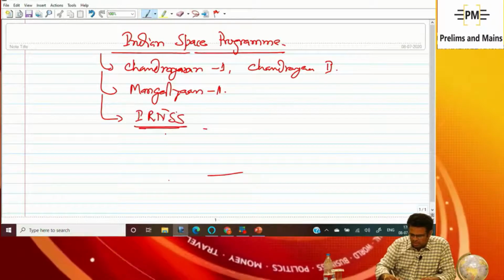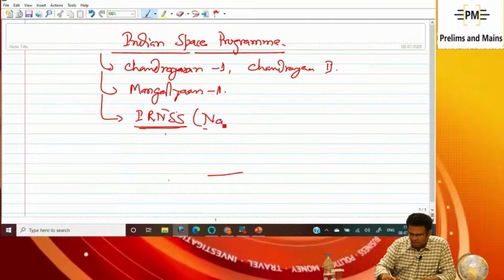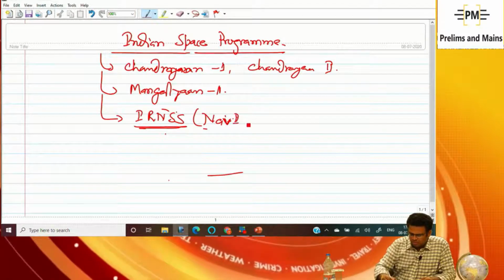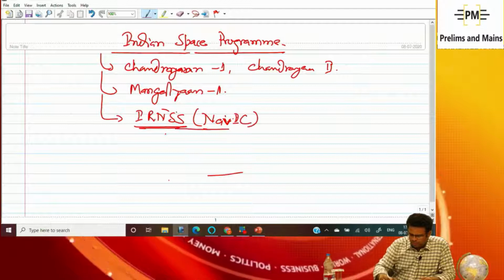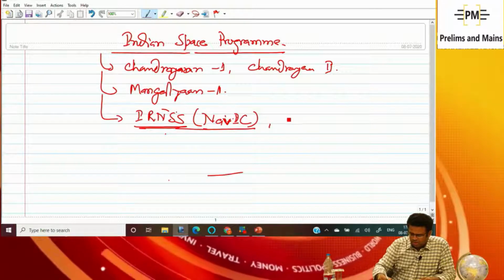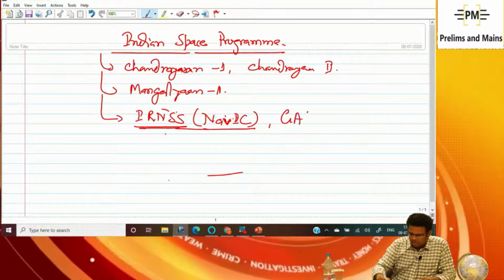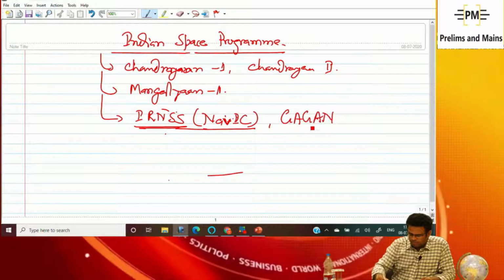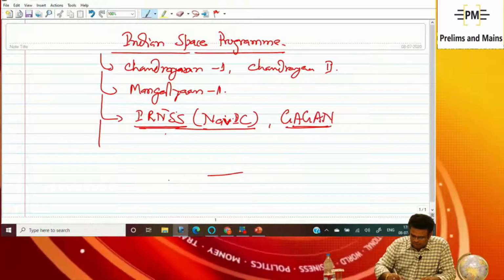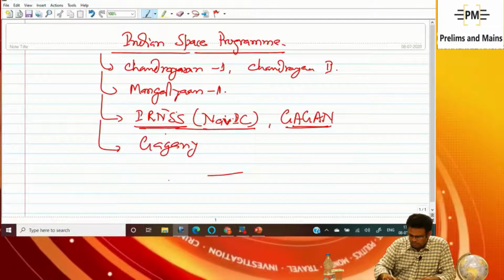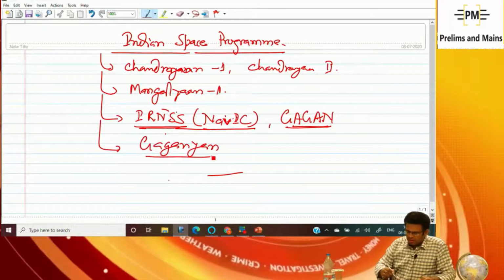IRNSS, which, as I have discussed earlier also, is NavIC. Then we will see Gagan. Then we will see Gaganyaan. Gagan is something different from Gaganyaan.